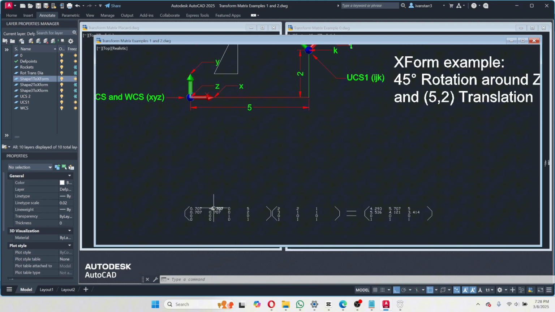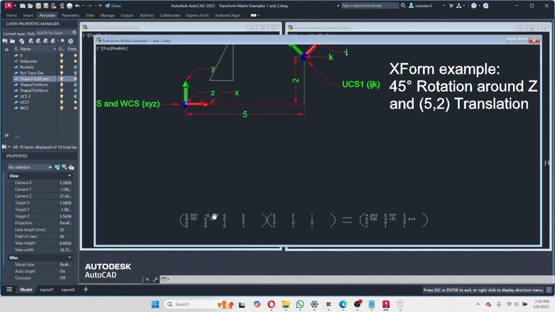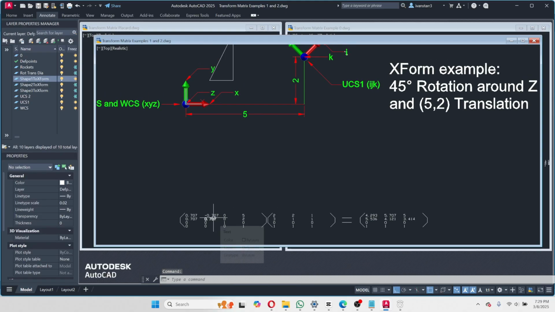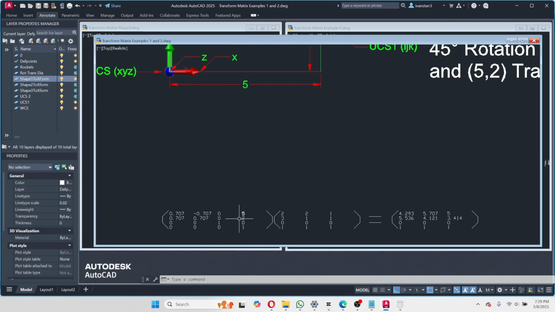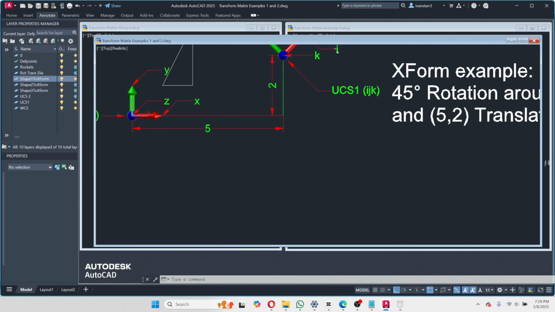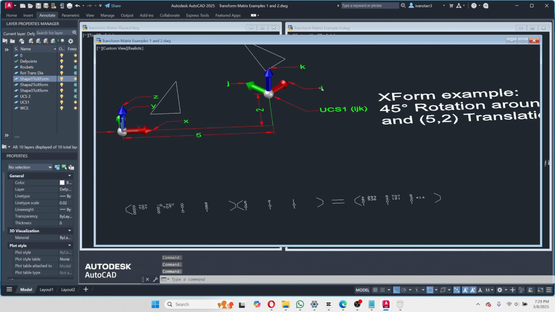And this negative 0.707 is the negative sine of 45 degrees. And this 0.707, once again, is the cosine of 45 degrees. And that is, by definition, a two-dimensional rotation of 45 degrees around the origin. And then if you take a look over here, there's 5, 2, and that is exactly the offset. There's 5 here and there's 2.